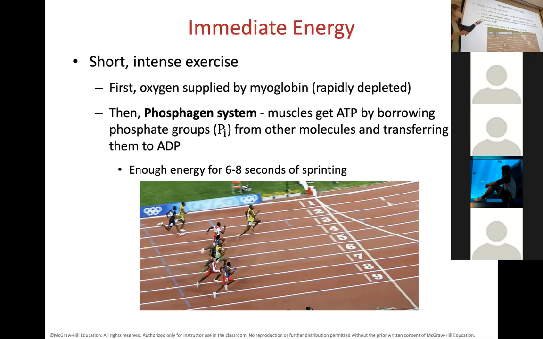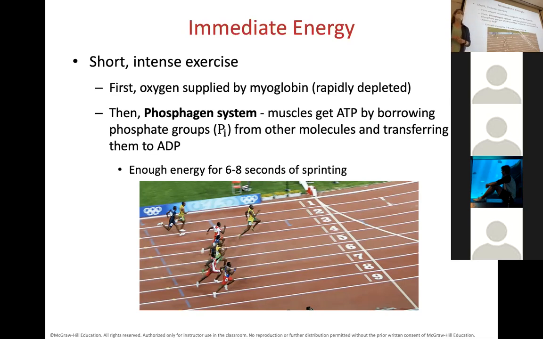Within a few seconds after that, the phosphagen system kicks in. The myoglobin reserves are depleted, no more oxygen is available on the myoglobin. And then comes the phosphagen system, where muscles are getting ATP essentially by stealing phosphates from other molecules. If you remember, ADP is adenosine diphosphate. We need one more phosphate group to make it adenosine triphosphate, the ATP that the cells can use.